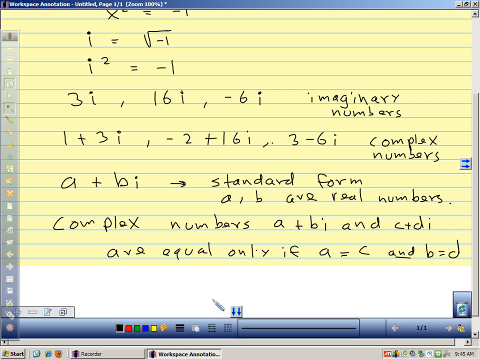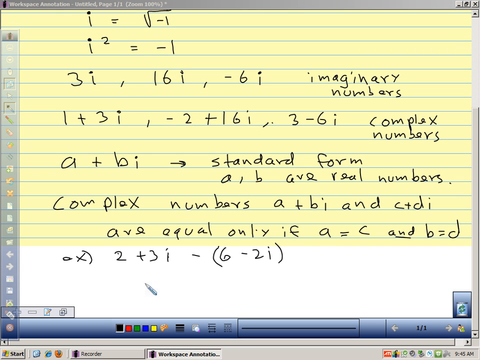So adding or subtracting, I'm just going to do a quick example. If we have 2 plus 3i minus (6 minus 2i), I'm going to rewrite that as 2 plus 3i minus 6 plus 2i.